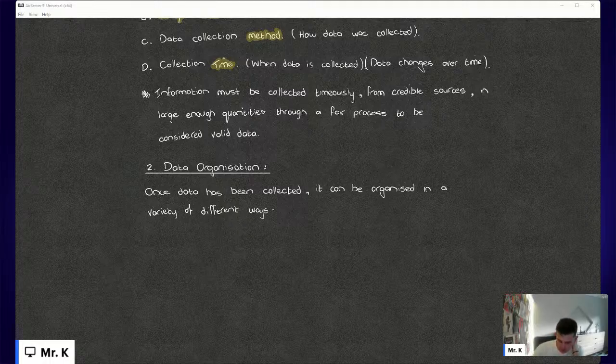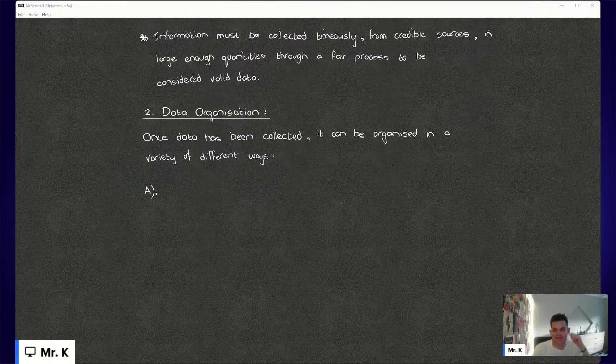Okay. What are the different ways that we can organize data, guys?